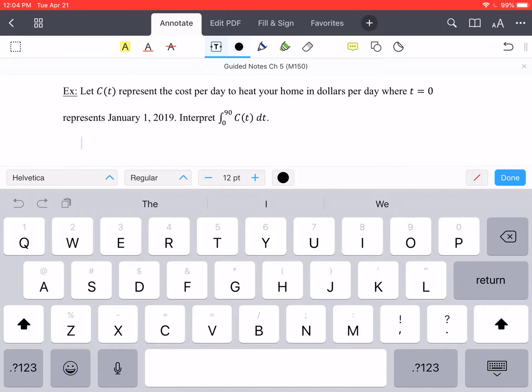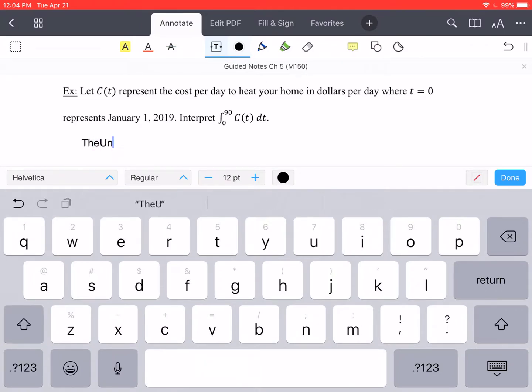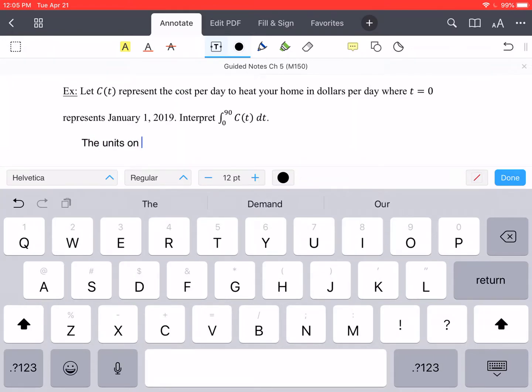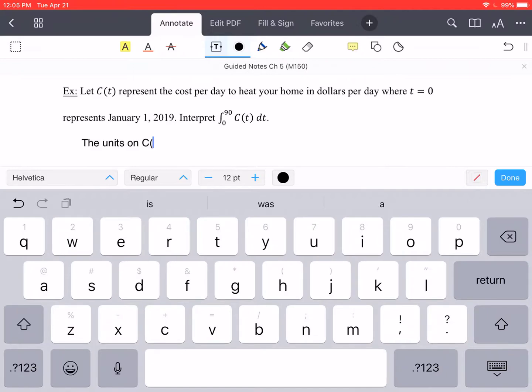C of t represents cost per day, so the units on C of t are dollars per day.